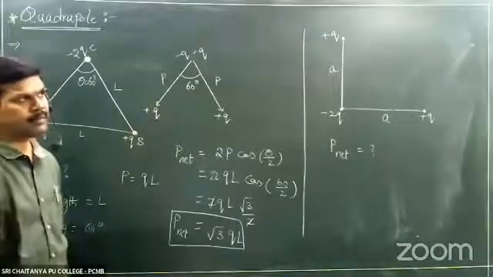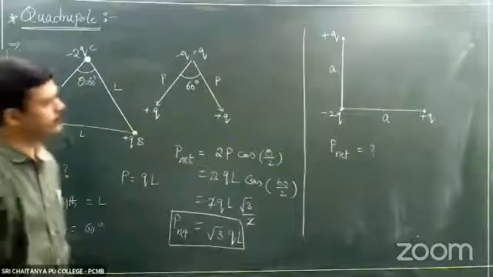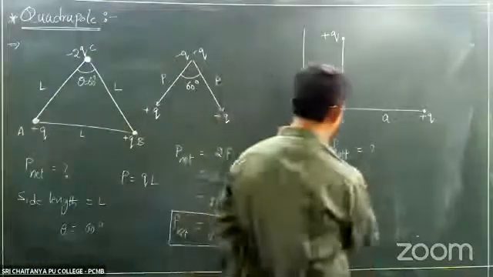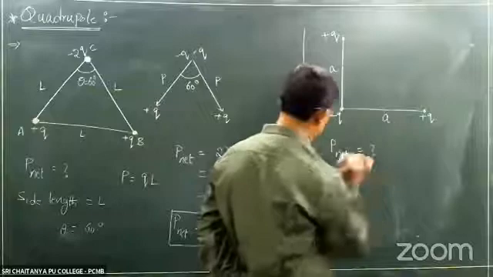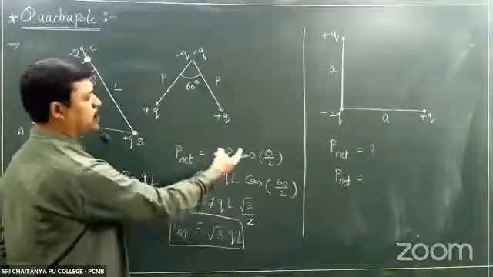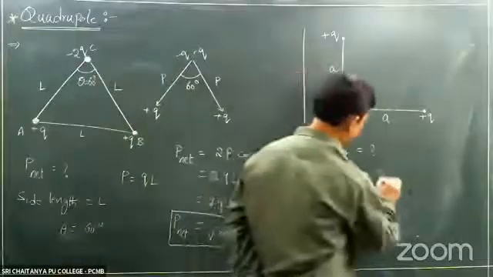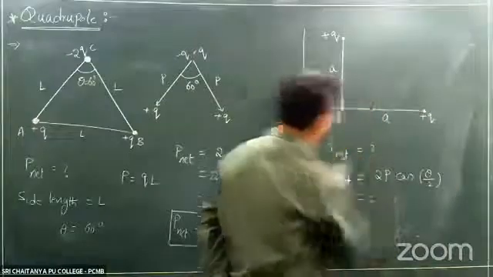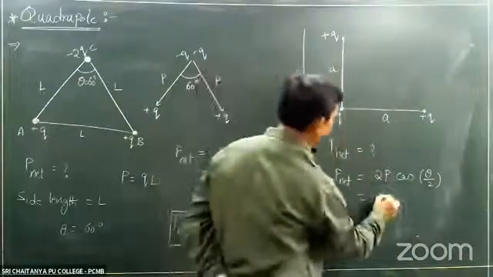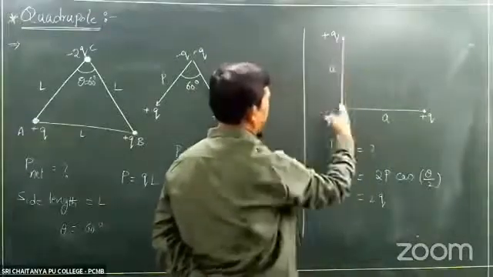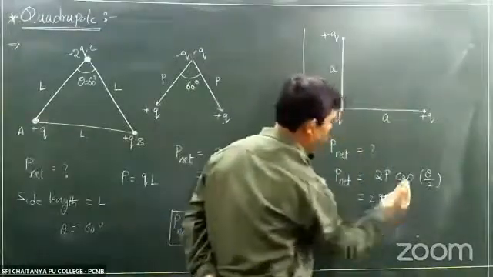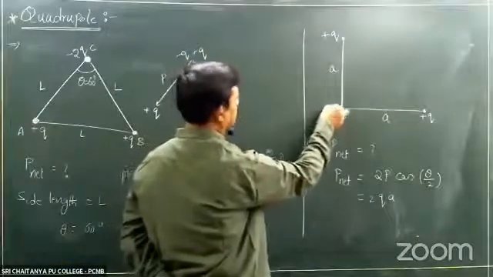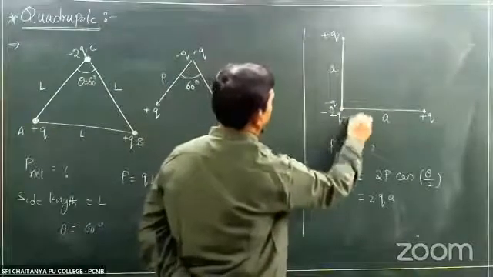Come on. See, directly you can apply the formula. P net is, what is the formula? 2p cos theta by 2. What is P? Charge into distance between the charges, from here to here, a. I already told you this minus 2q can be written as minus q, here minus q.